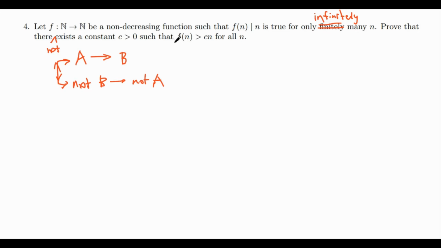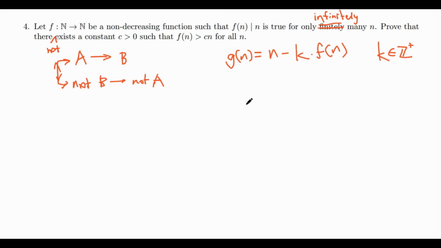So how might we go about doing this? Well, let's consider a function g of n. Define it as n minus k times f of n, where k is some integer greater than or equal to 1.